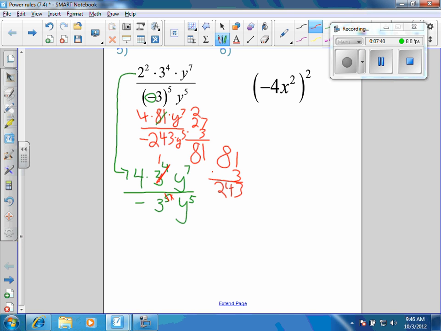We're getting there. What's in the numerator now? 4. Well, 4 times 1, 4. Easy. So we cross this out. We have a 3, so we have 4 y to the 7th over negative 3 y to the 5th.